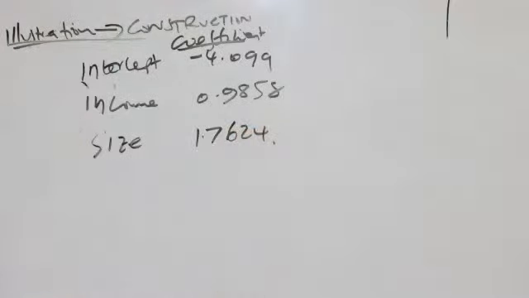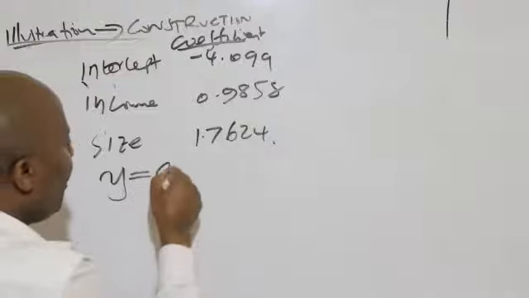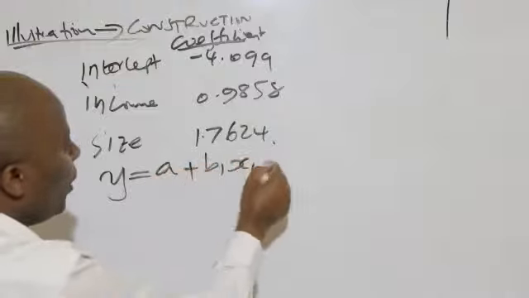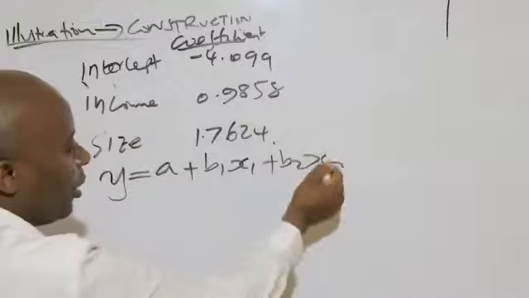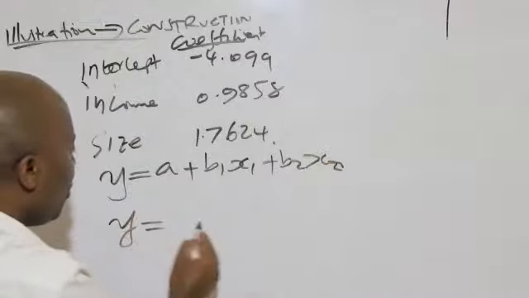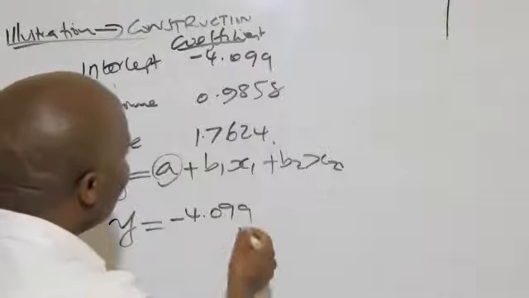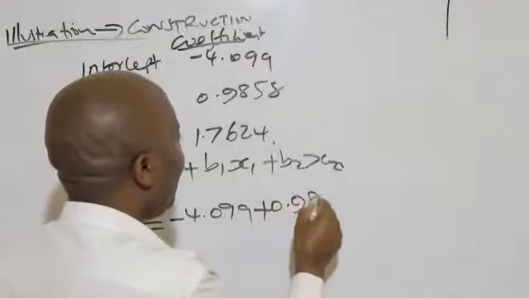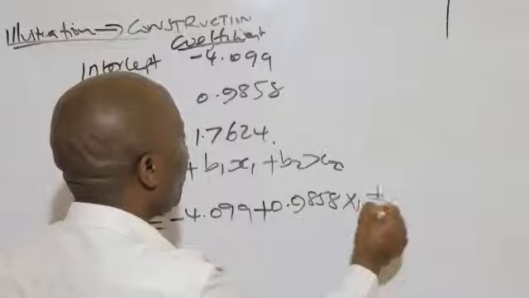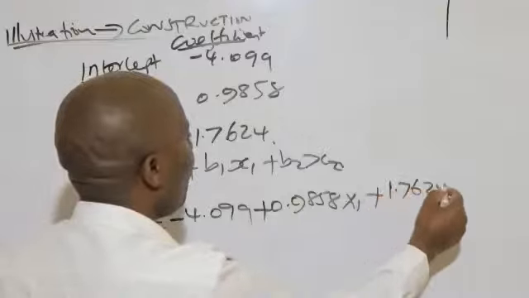So our regression equation looks like this. My y will be equal to a plus b1x1 plus b2x2. So my regression equation here will be y equals a, that is negative 4.099, remember a is the intercept or the constant, and then the other coefficients have been given: plus 0.9858 x1 plus 1.7624 x2.